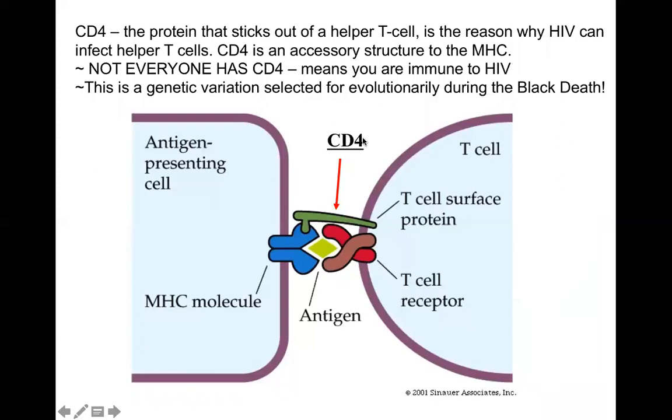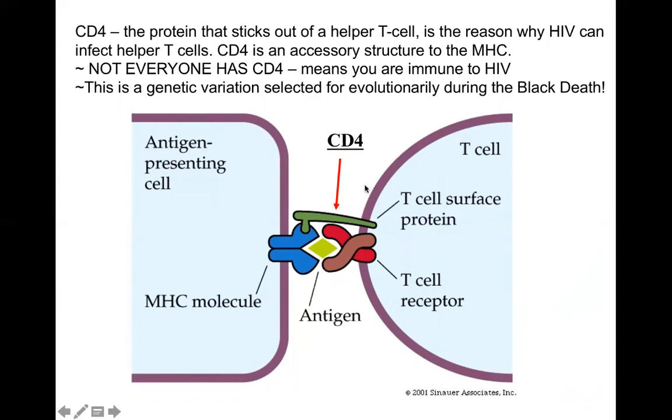And specifically this one, the CD4, is a very common one. Something interesting about this CD4 structure, this protein is how the HIV virus hijacks and gets into helper T cells and then eventually destroys them and renders your immune system inactive, which is what full-blown AIDS would be.